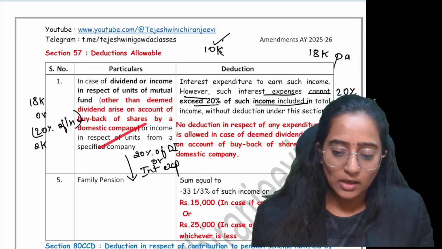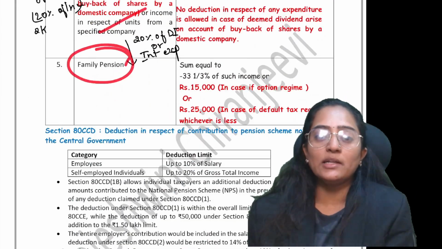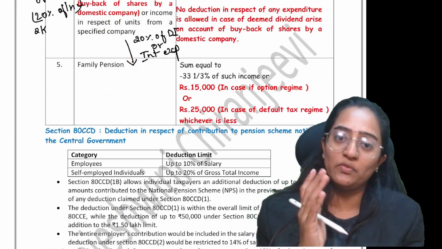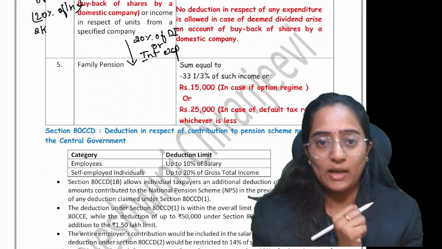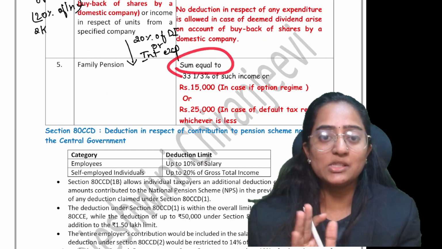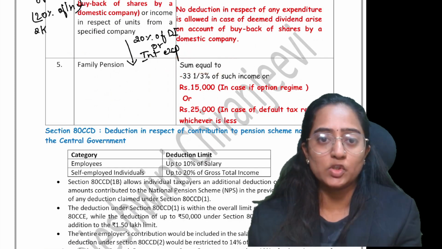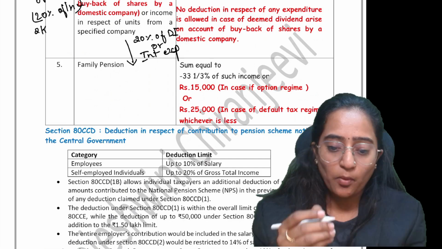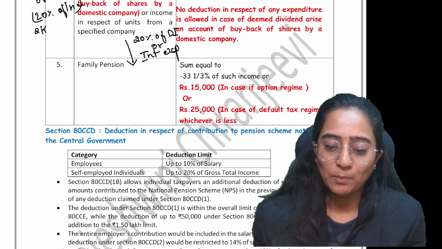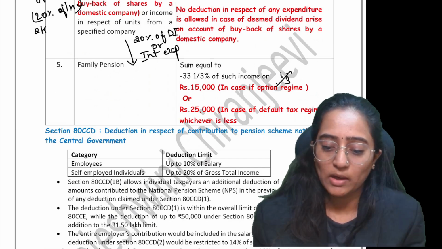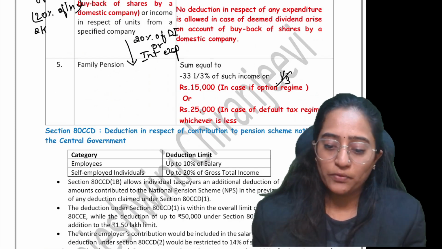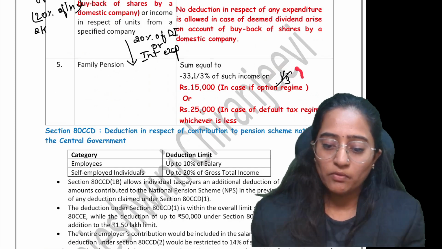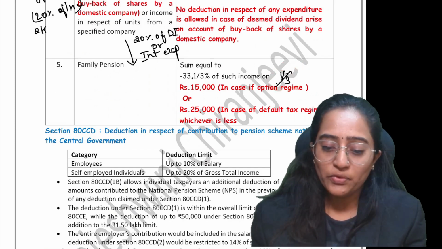Okay, clear. Family pension, yet another important amendment which can be given in your full-fledged computation question or in your MCQ. Basically, you are getting a family pension. Normally your normal provision was 33.33%, nothing but 1 by 3 of your income, or 15,000.